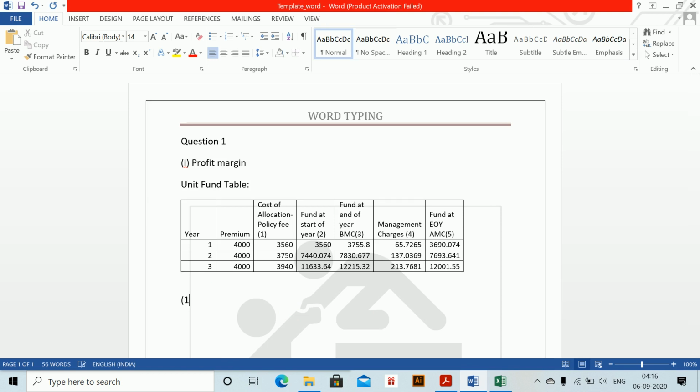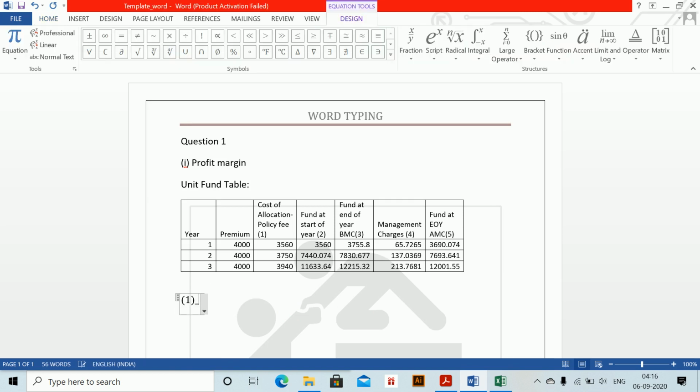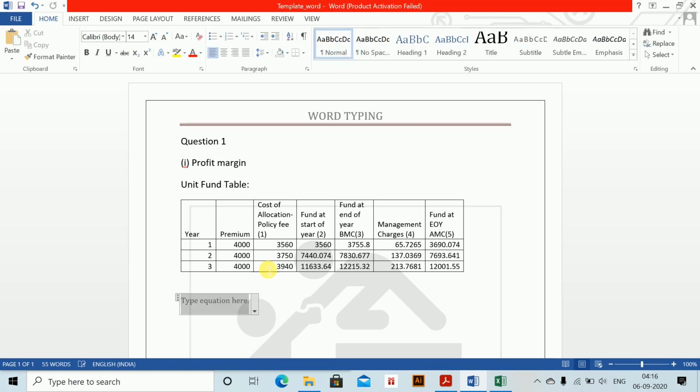So number 1 underscore t is equal to, instead of writing this, I'll just write for column 1.